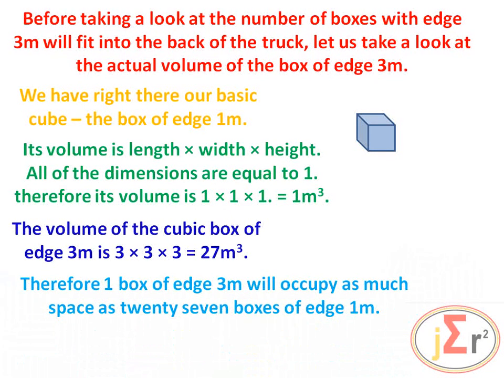Therefore, 1 box of edge 3 meters will occupy as much space as 27 boxes of edge 1 meter. So we need 27 of these boxes to form in volume the box with edge 3 meters.